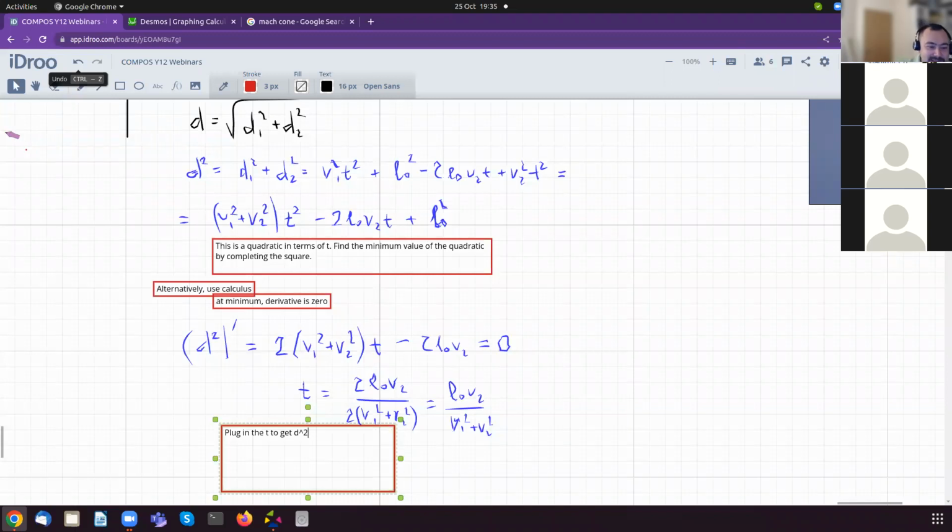Okay, plug in the t to get D squared. So you get an expression.